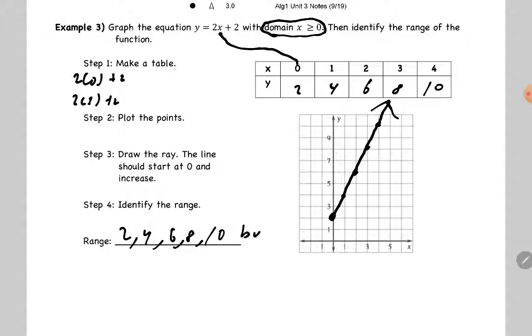But it goes on forever and ever. So that means y is bigger or equal to 2.